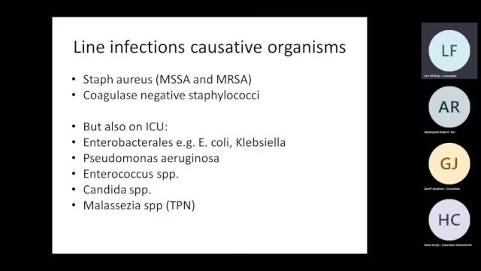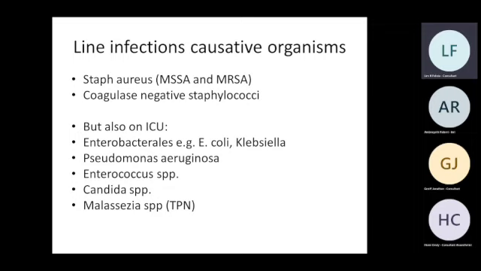But on the ICU, you also have these other organisms that may cause line infections. So your Enterobacterales, like I mentioned previously, E. coli and Klebsiella. Again, Pseudomonas, our friend there. Enterococcus is a gut organism, but can cause line infections on ICU, especially for lines that are femorally placed. So those vascaths sometimes do get enterococcal infections.